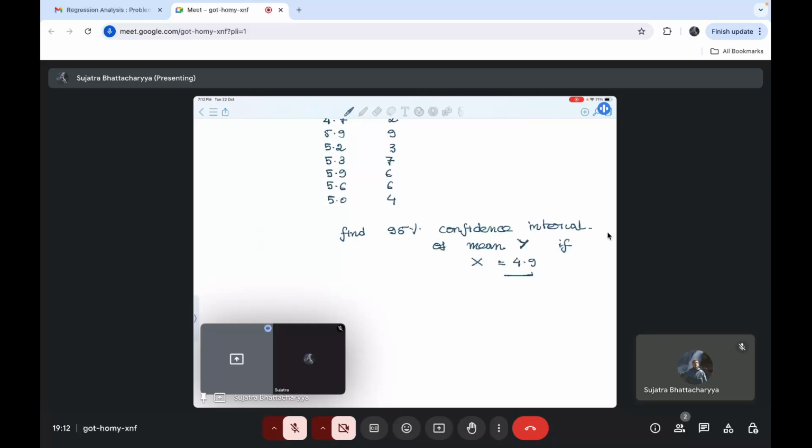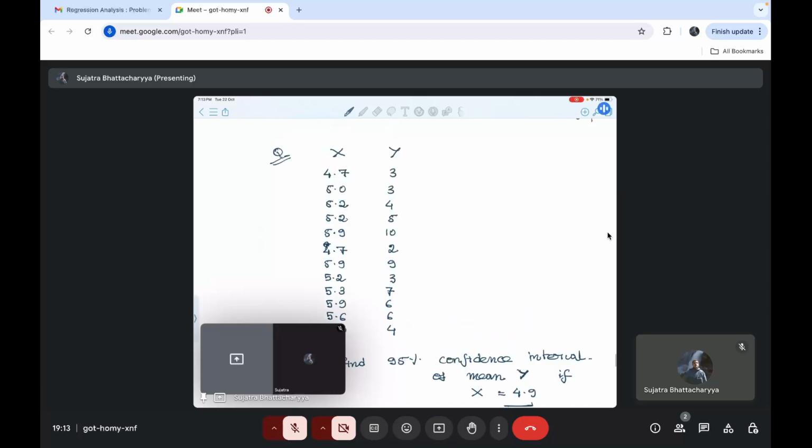So this is the question. For any confidence interval, you need MS residual. This is a simple linear regression model because one regressor is present. So you need to find beta naught and beta 1, then find SS residual, MS residual, and then go ahead for the other things. So you have to calculate all these things.